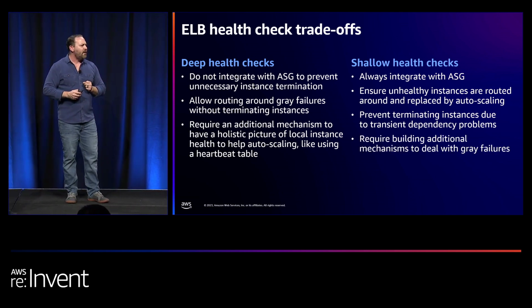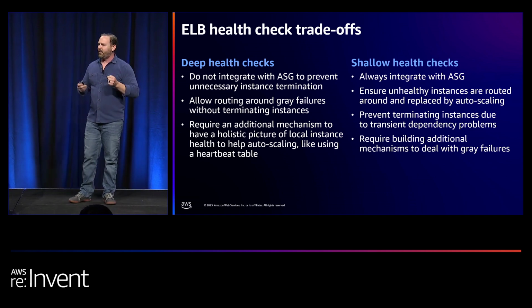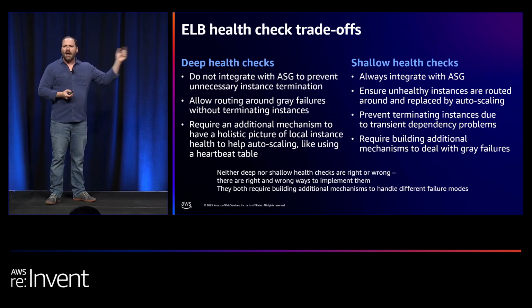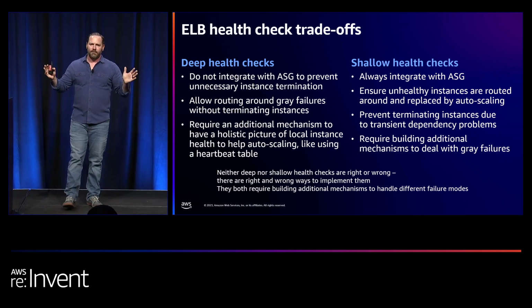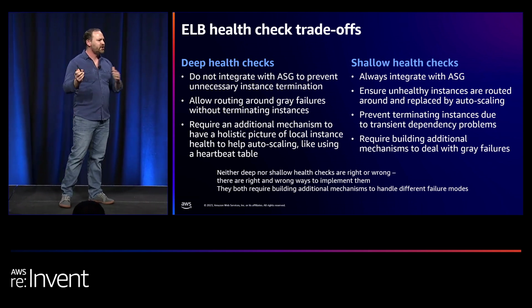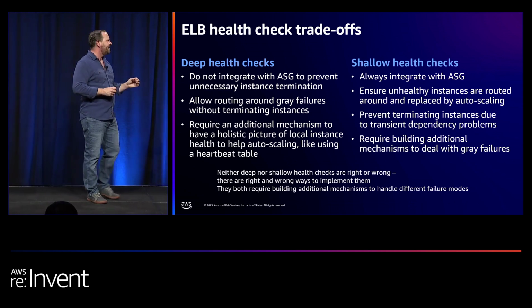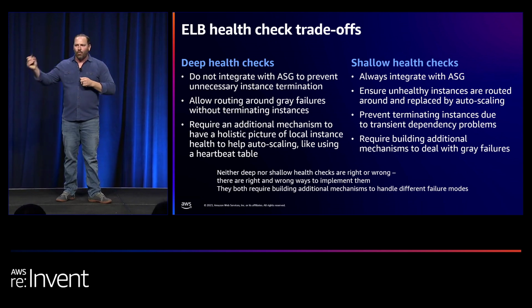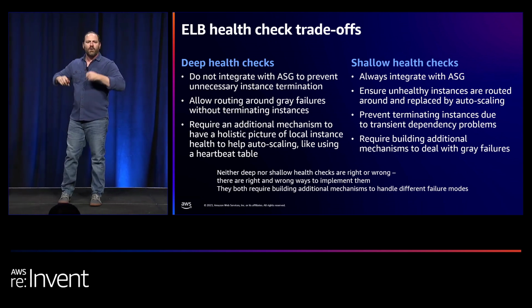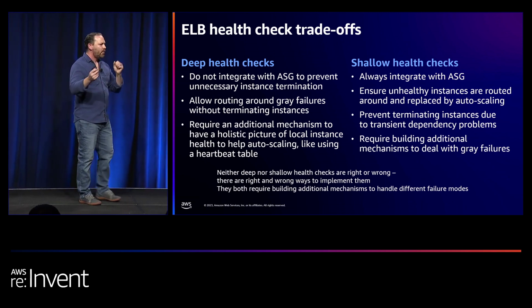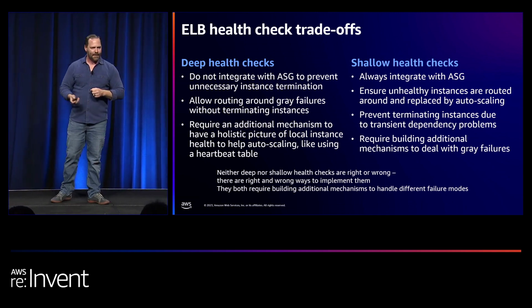But they'll require us to build an additional mechanism to deal with gray failures. And so neither deep or shallow health checks are right or wrong, right? And I'm not going to tell you which one you should or shouldn't pick, but you need to understand the trade-offs. There are right and wrong ways to implement them. And regardless of which one you pick, you will likely need another mechanism to either deal with local instance health or with finding and mitigating gray failures.